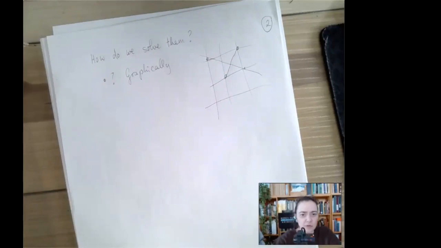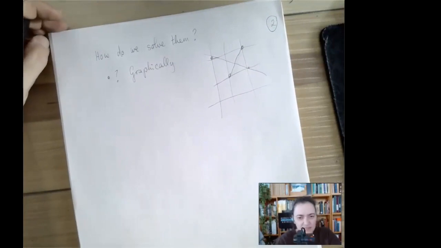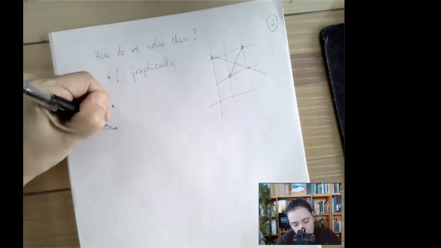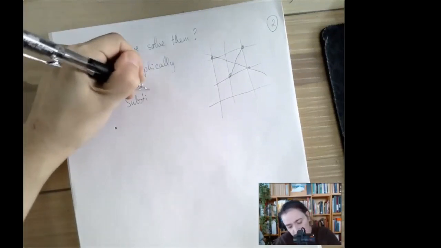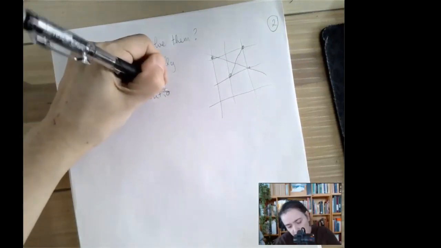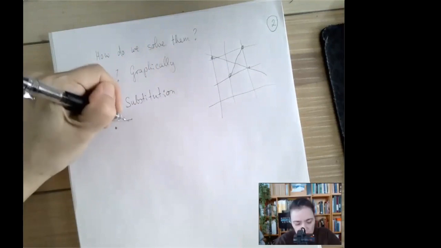That's not going to give us much. So I don't believe that graphically solving a system is really kosher. There are going to be 2 algebraic techniques. One of them is called substitution. And the other one is called elimination or addition.